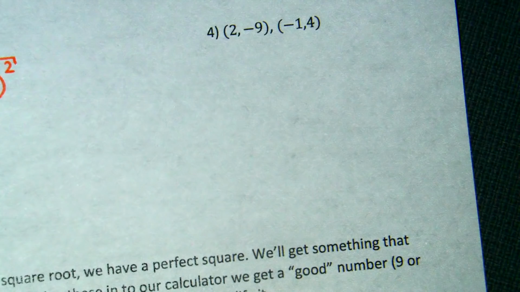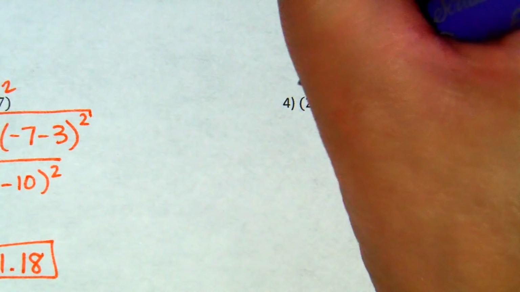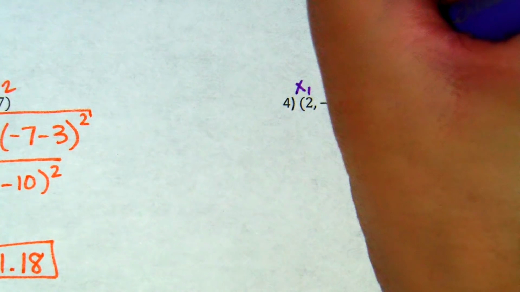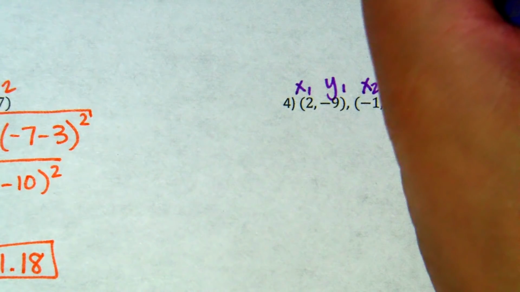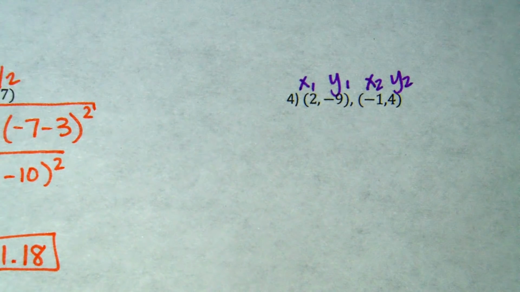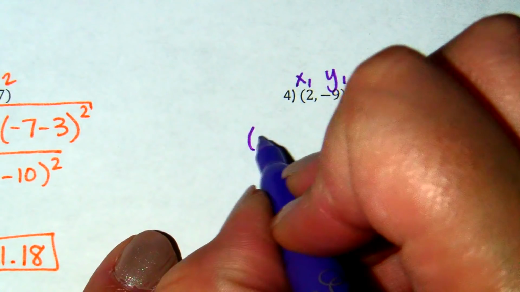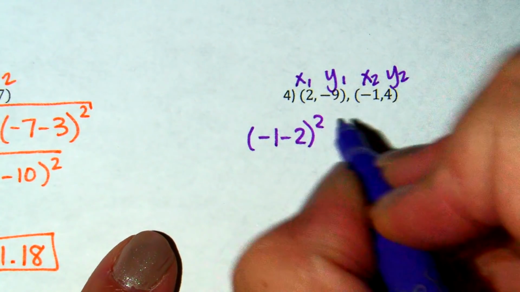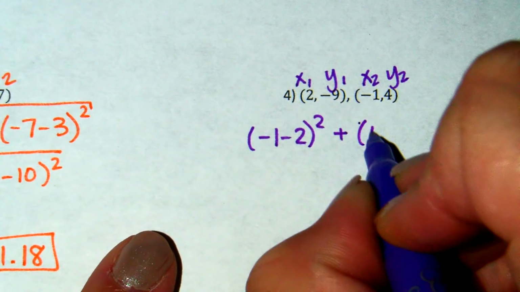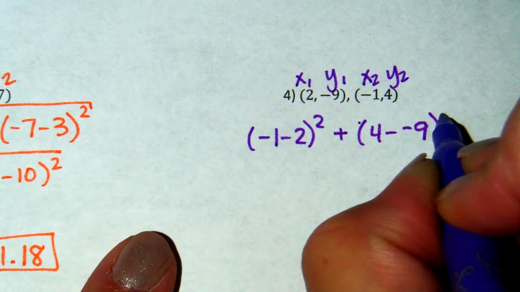And number 4, x1, y1, x2, y2. So negative 1 minus 2 squared plus 4 minus negative 9 squared.